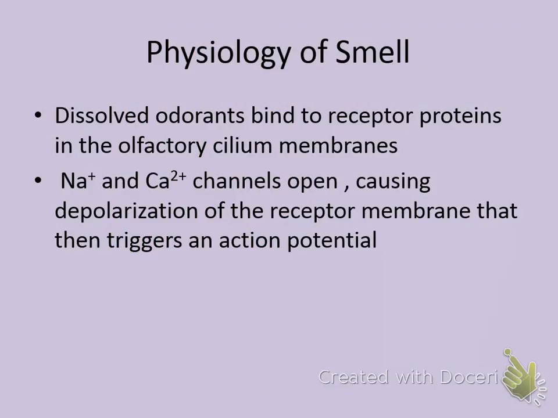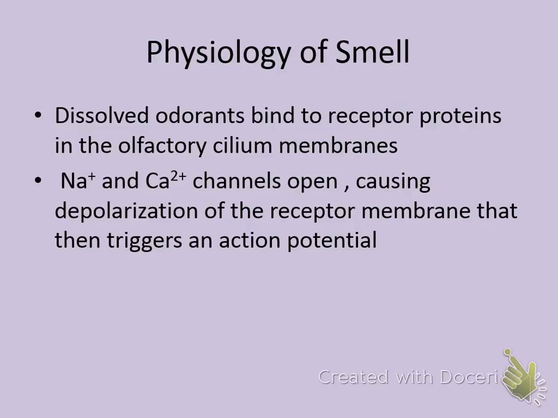So dissolved odorants are what we have to have, and not deodorant like you put in your armpit, but anything that emits a chemical smell. A chemical comes off of it. It could be a sweet smell, a sour smell, but it has to have molecules coming off the material that you're trying to smell. Now, dogs and cats can smell better than we can.